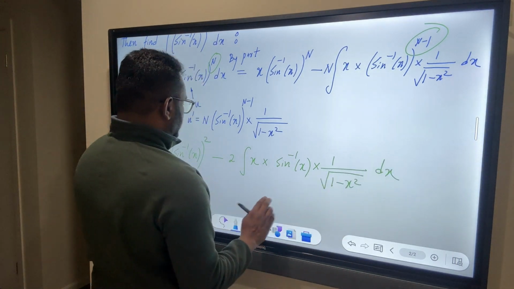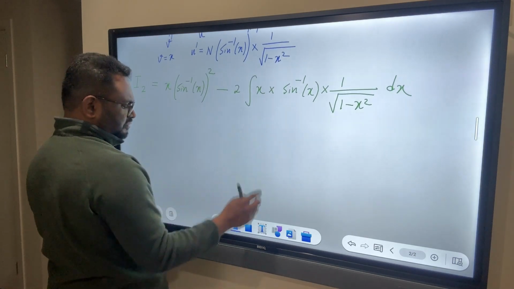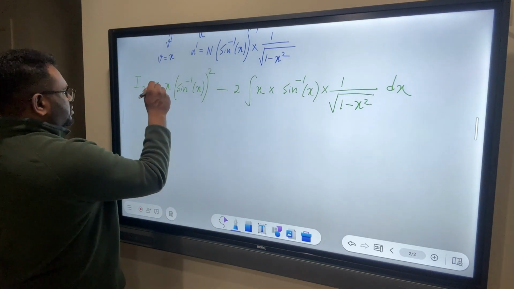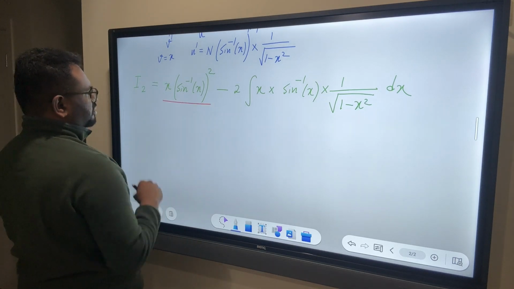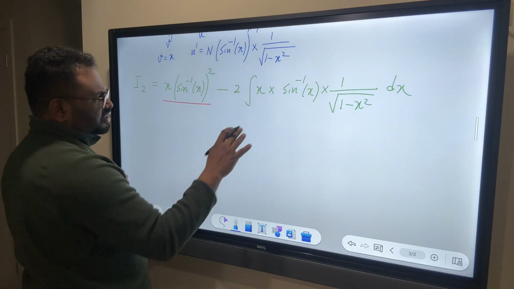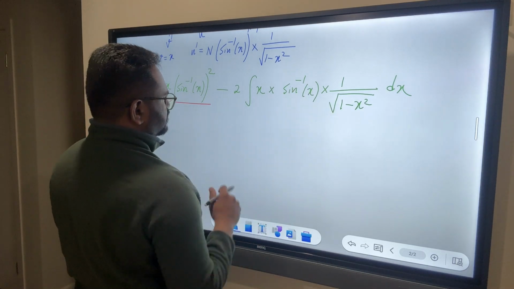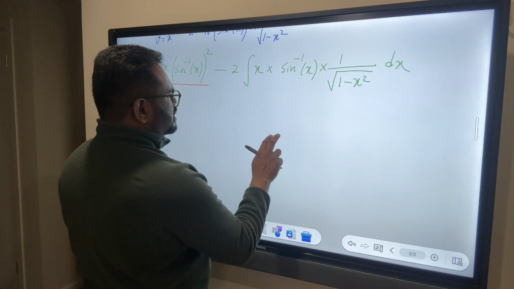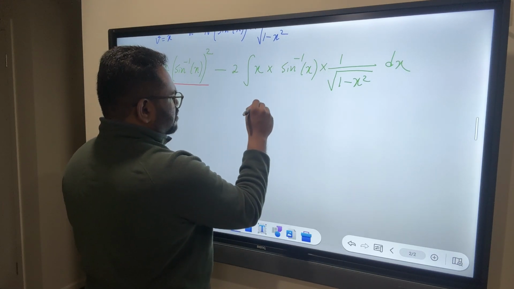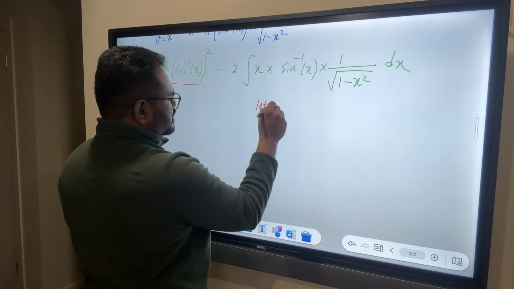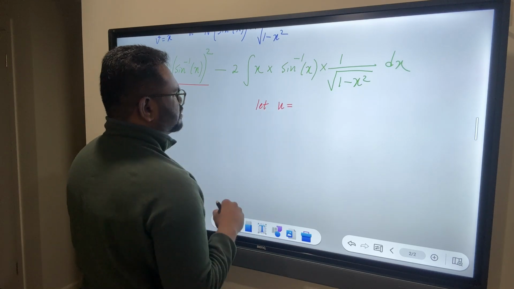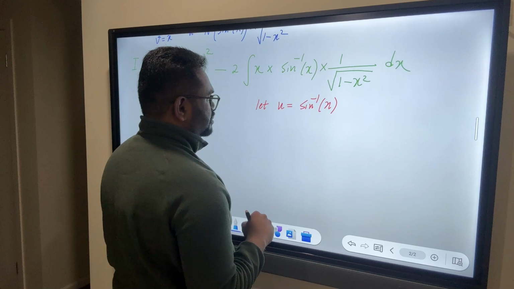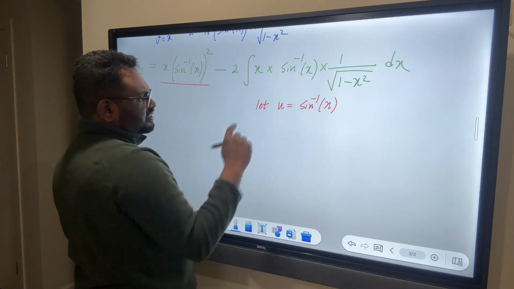So it seems to be a little complicated question. So now we'll try to figure this out. This term is not a big deal, we will just leave that. So we need to evaluate this integral now. Okay. So to do this, we will say let u be equal to sine inverse x. So we use the substitution method here to simplify this.